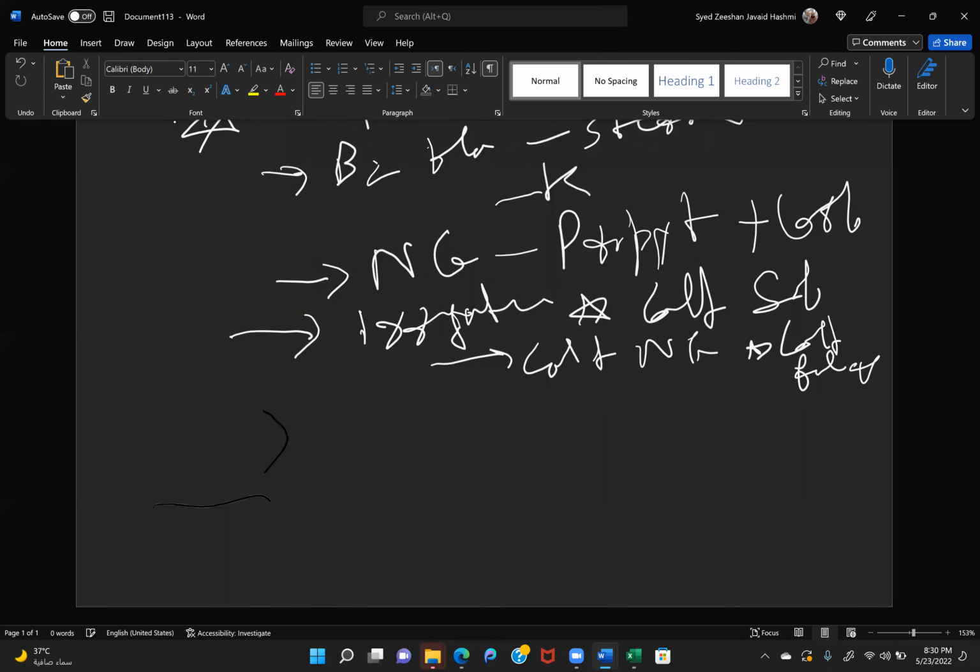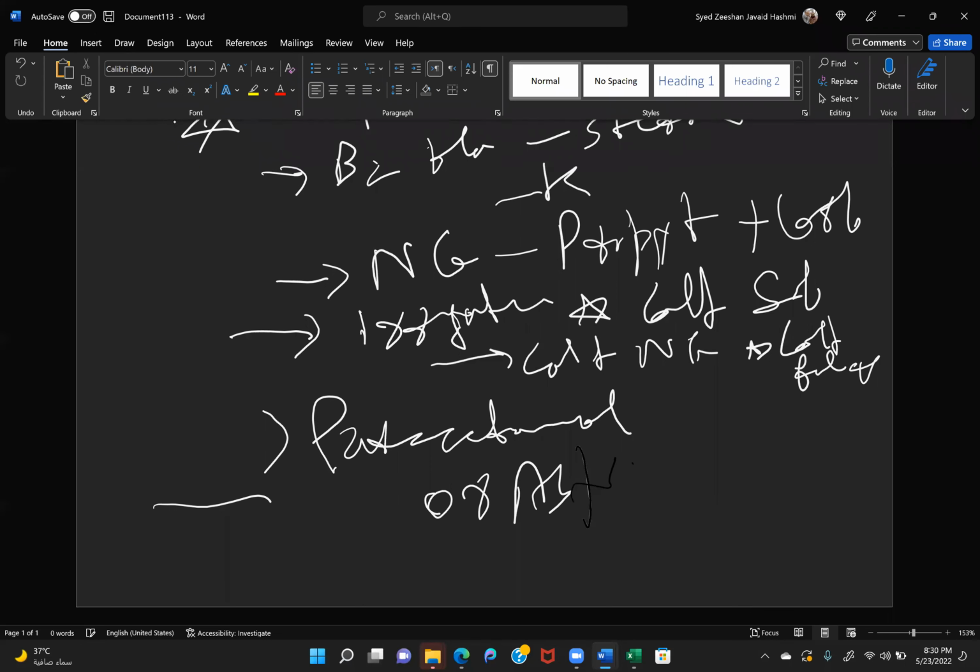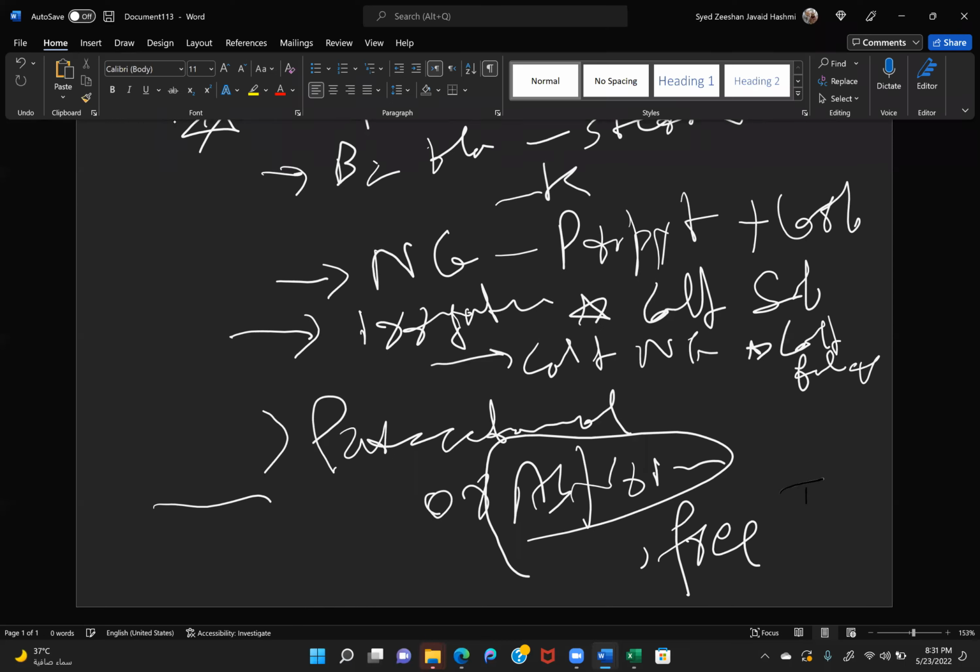And would you like to give paracetamol or aspirin? Is there any problem with aspirin? Aspirin is to be avoided, because it increases the free thyroid hormone. Yes, paracetamol can be given.